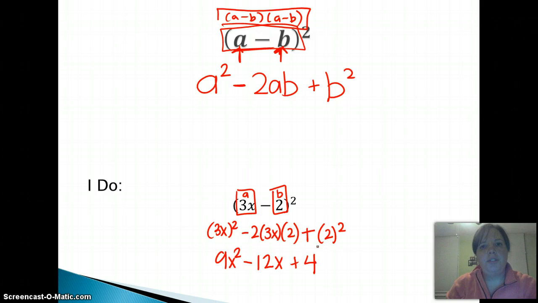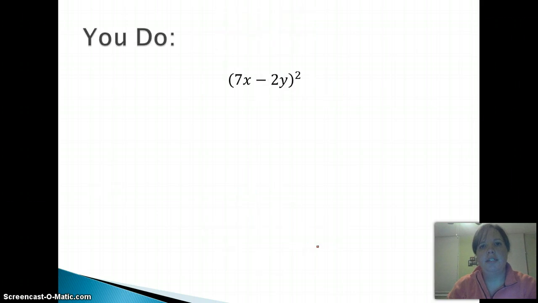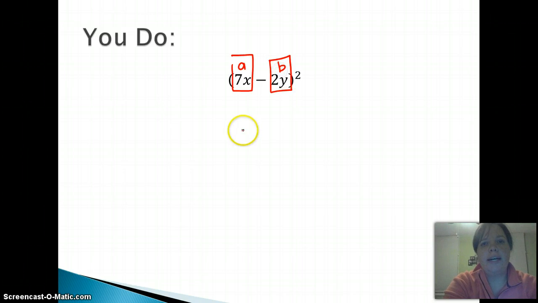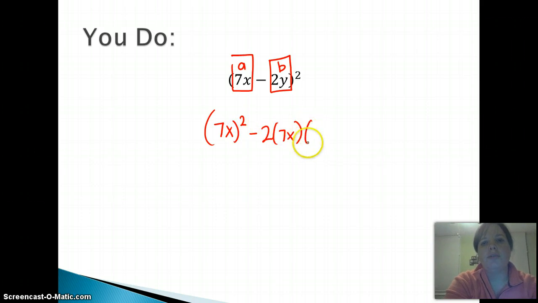So again, another one for you to try. Maybe a little bit more of a challenge, but go ahead and pause and try it. So again, a is 7x here, and b is 2y, not negative 2y. It's kind of against what we've done in the past, but you're plugging this into a formula. So it's the first term squared minus 2 times the first term times the second term plus the second term squared.